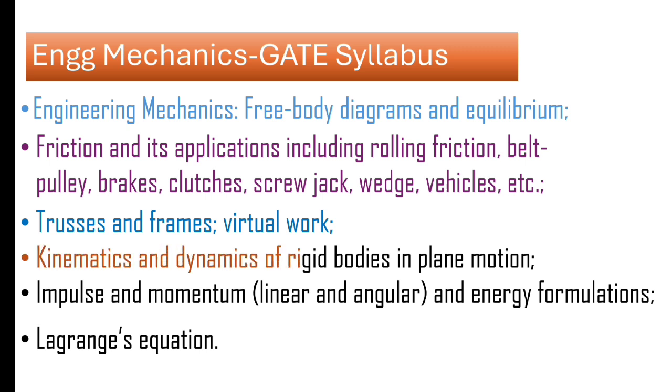The next topic is kinematics and dynamics of rigid bodies in plane motion. The next one is impulse and momentum and energy formulations and Lagrange's equation. So these are the topics included in the GATE syllabus.